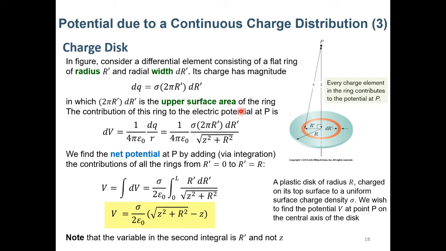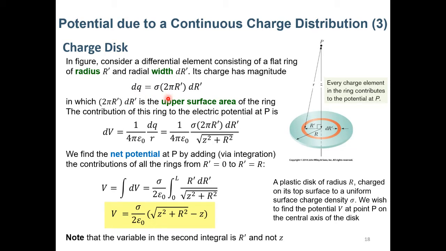Similarly, we can separate the disk into many rings, and dq is nothing but sigma times the area.